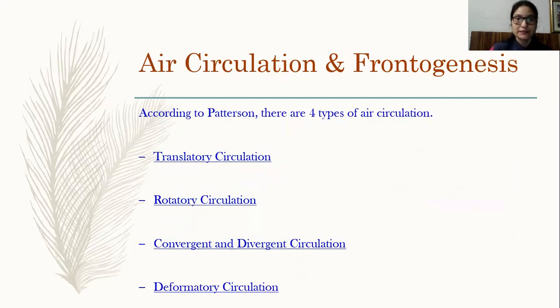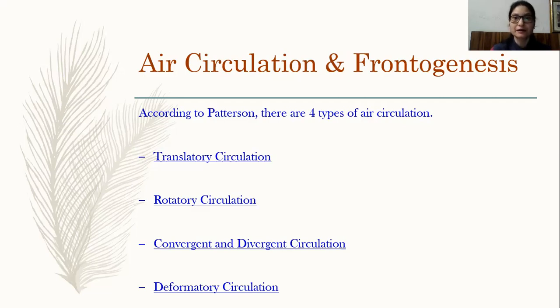Now, air circulation and frontogenesis. When I'm talking about air circulation and frontogenesis, there is this person known as Patterson, and he has given us 4 types of air circulations that are happening in the atmosphere.